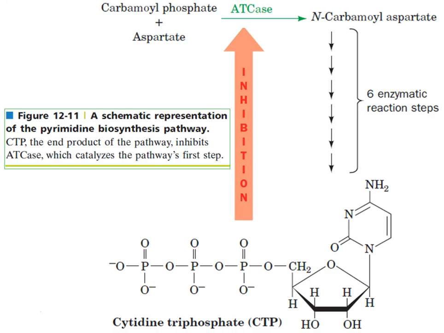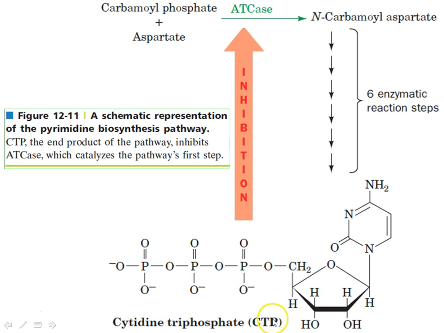So carbamoyl phosphate and aspartate form carbamoyl aspartate with ATCase, as we've seen. This is a summary of the previous slide. And then there are 6 different enzymatic steps between that intermediate and the product cytidine triphosphate, CTP.